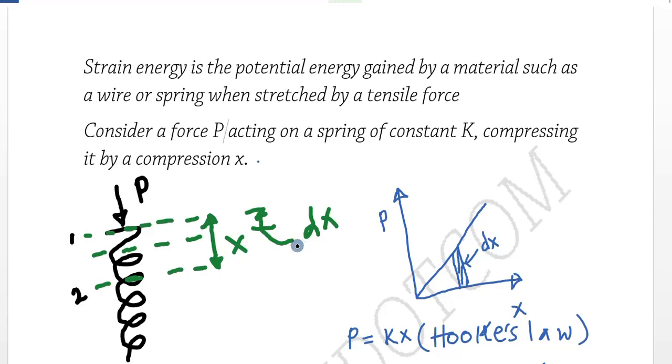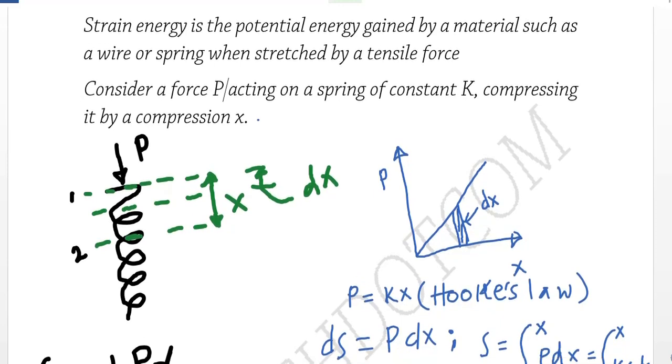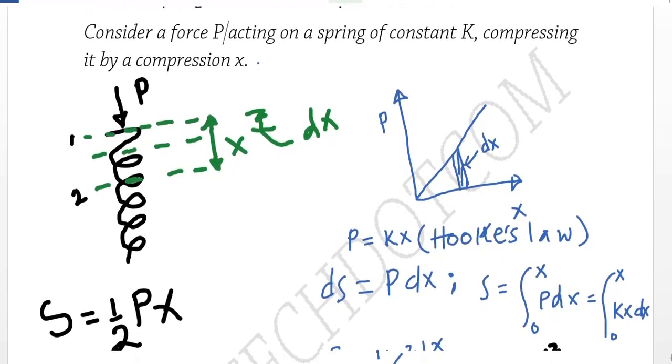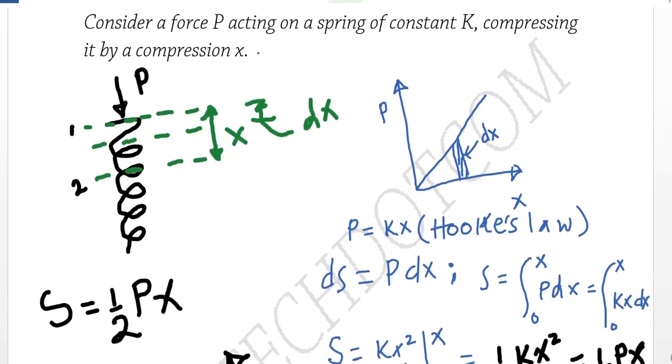If I plot a graph of P, which is the force, against the extension or compression X, then we will see that P varies directly with X. According to Hooke's law, P is equal to Kx, because we know the force applied on an elastic material is directly proportional to the extension of that material, provided that the elastic limit is not exceeded.